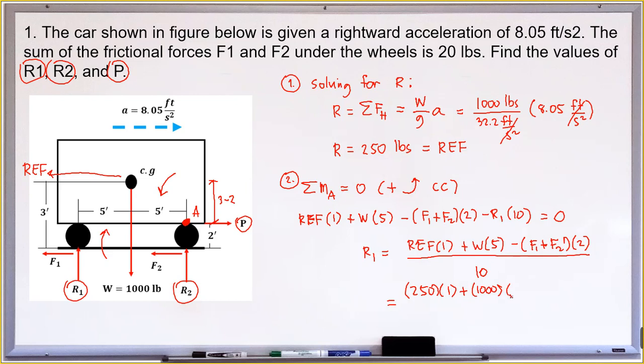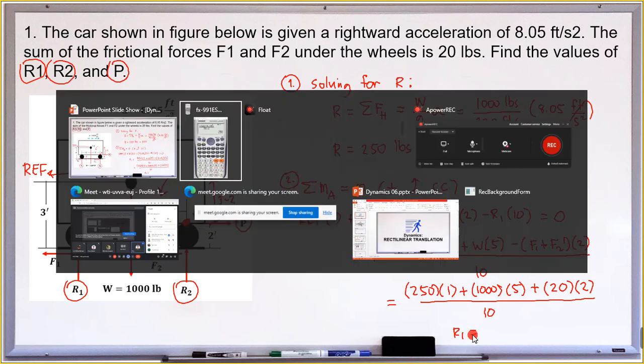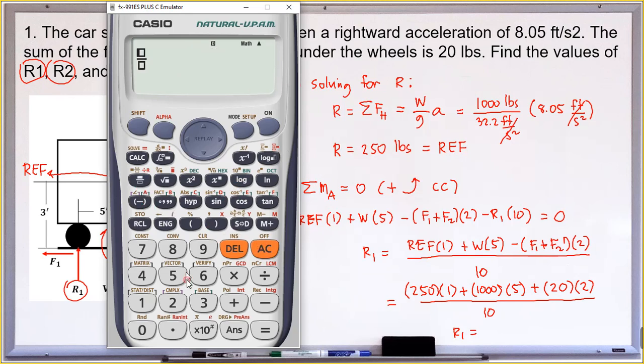Weight is 1,000 times 5 plus the sum of the frictional forces is 20 pounds. Tapos times 2 divide by 10. So therefore, the first unknown force is equal to, so we have 250 plus 1,000 times 5 plus 20 times 2 divide by 10. So the answer is 529.